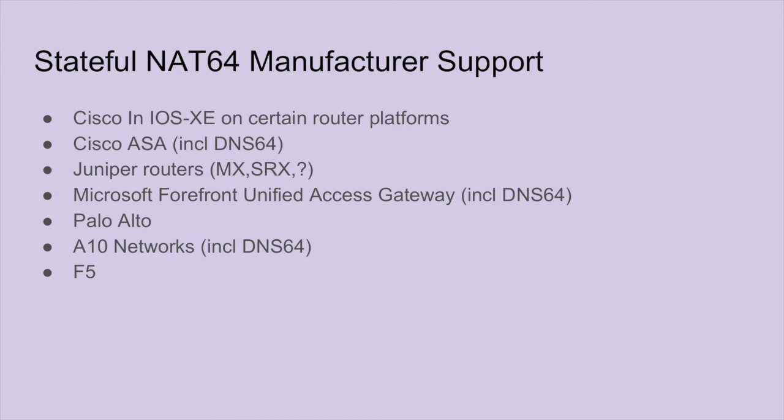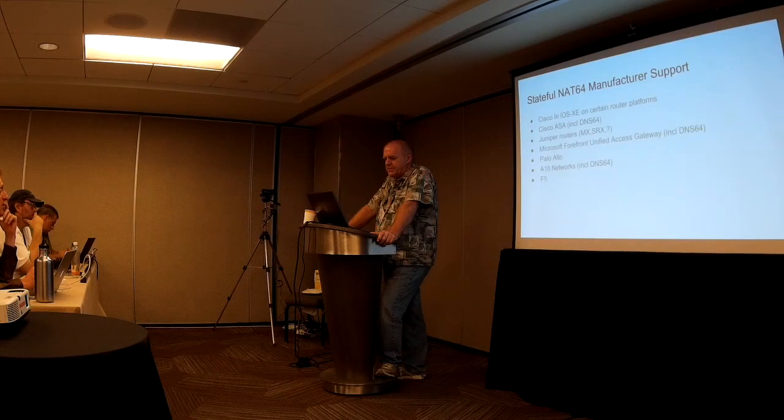Microsoft Forefront Unified Access Gateway, which is like a generation ago. But Microsoft, as always, though not in their subsidiaries like Skype, is pretty well forward. Palo Alto, as I said, A10 is big in the space. And both the ASA and the Microsoft and the A10 include both functions.